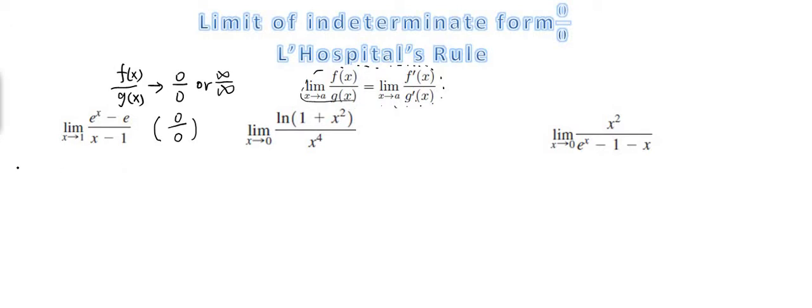So let's take a look. As x approaches 1, we take the derivative of e to the power x minus e over the derivative of x minus 1.